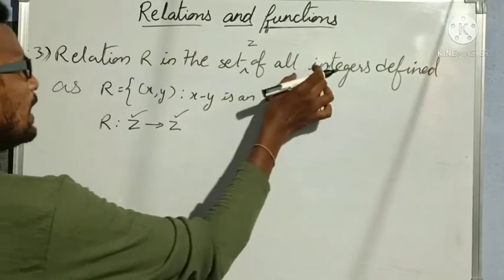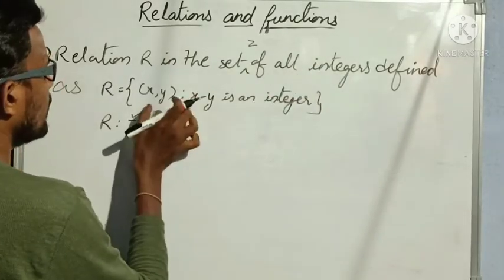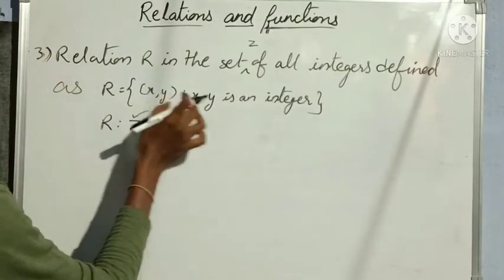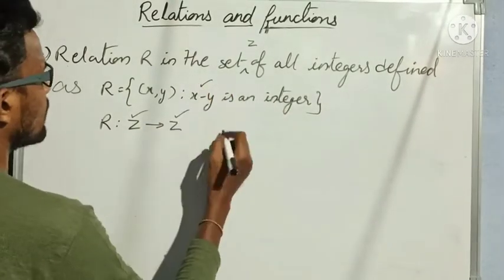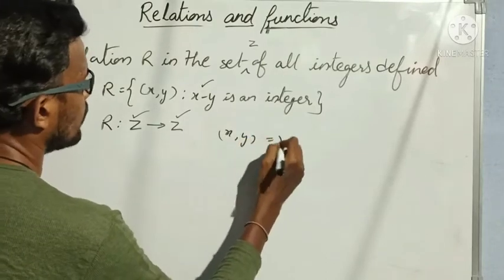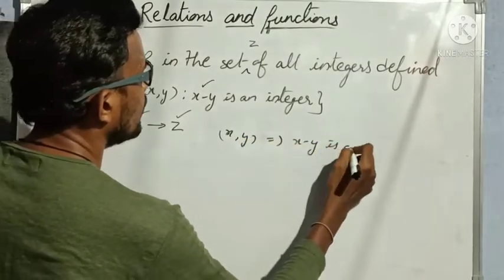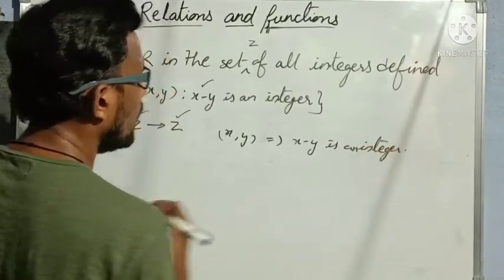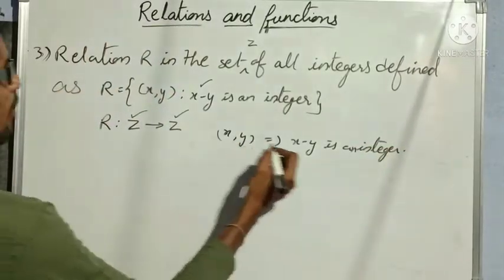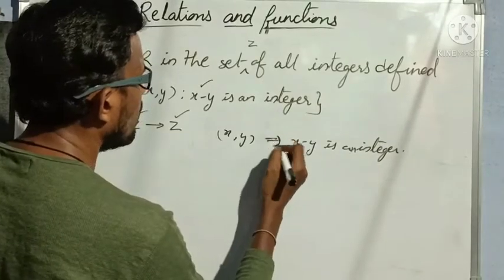So for all integers one relation is derived, that is (x, y) such that x minus y is an integer. This is our question condition.